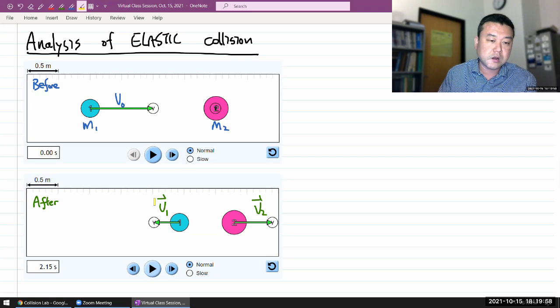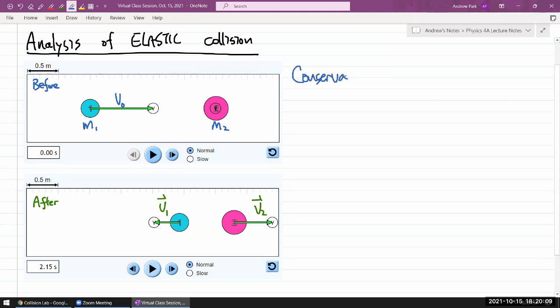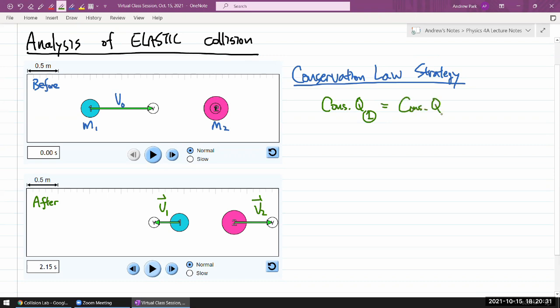So when you're using conservation law, you go through steps similar to this. You start by first identifying what quantities are conserved, because the general approach in conservation law strategy is that after you identify the conserved quantity, you say the conserved quantity at some snapshot 1 is equal to the same quantity at a different moment in time, because this is what it means for the quantity to be conserved.